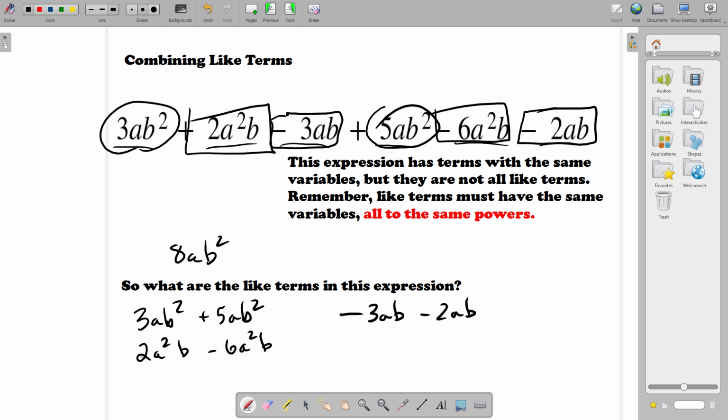We need to add the 2a squared b and the negative 6a squared b, and we're going to get a negative 4a squared b. And then we need to add the negative 3ab and the negative 2ab. That gives us a negative 5ab.